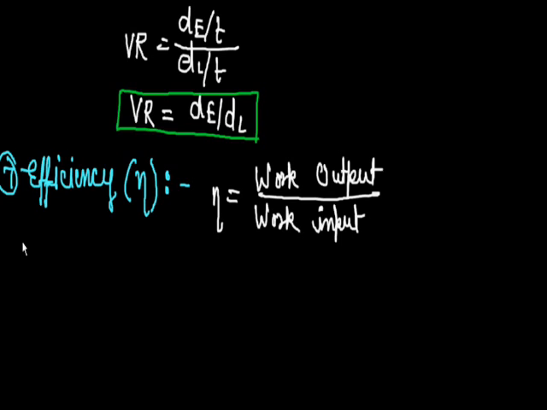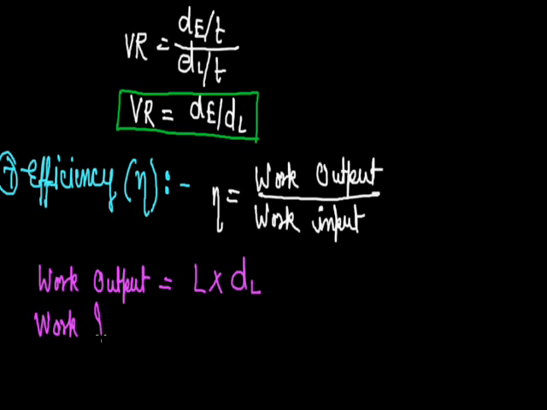As we know, work output equals load into displacement of load, means capital L load into displacement of load, and work input can be written as effort into displacement of effort, means capital E effort into displacement of effort.